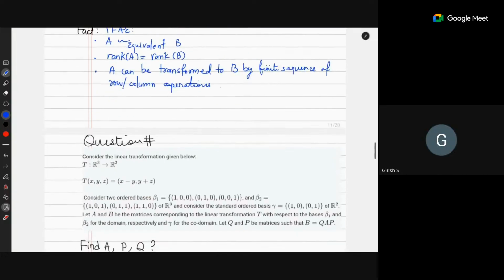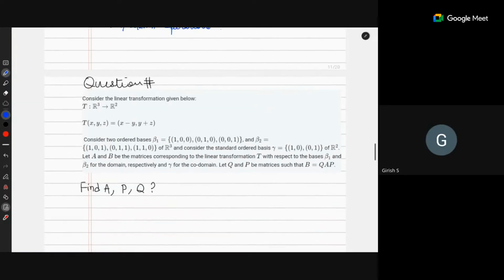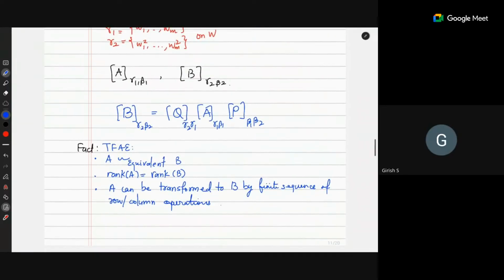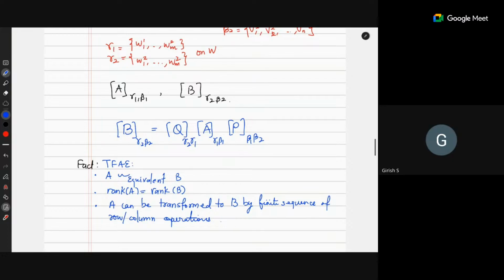Sir, while finding P, should we express beta 2 in terms of beta 1, or a transformation of beta 2 in terms of beta 1? We have to apply T, is it?